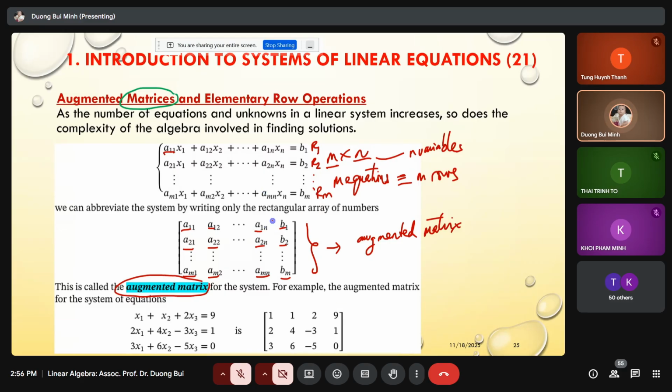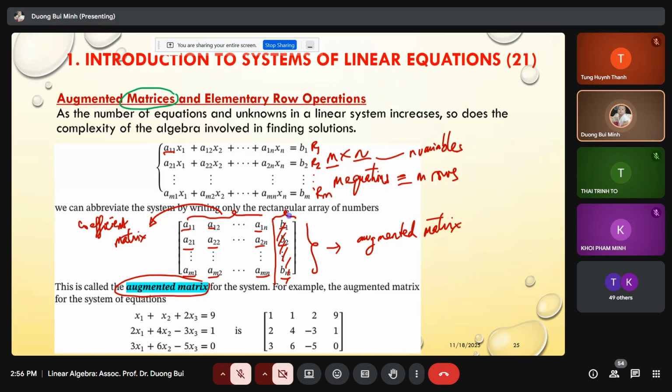So if I divide this matrix into 2 parts, this one and this one, and I ignore b1, b2, bm, then this matrix becomes the coefficient matrix.